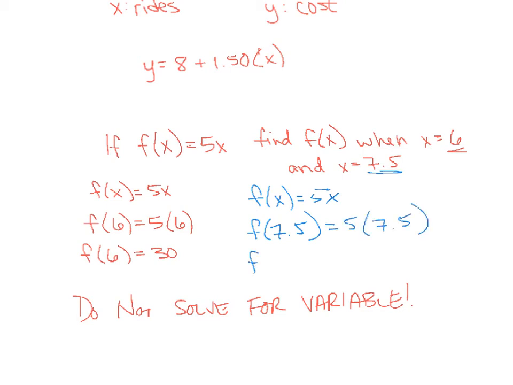And then f of 7.5 equals 37.5, and we stop. No further, just stop. Okay? So, sometimes they'll have 2 numbers to evaluate, sometimes there will be 3 numbers to evaluate. It really just depends on how mean the publishers of the book are. Alright, so that's the lesson.